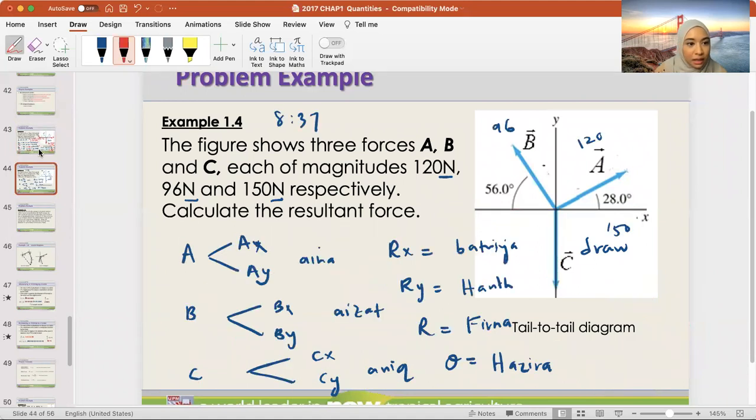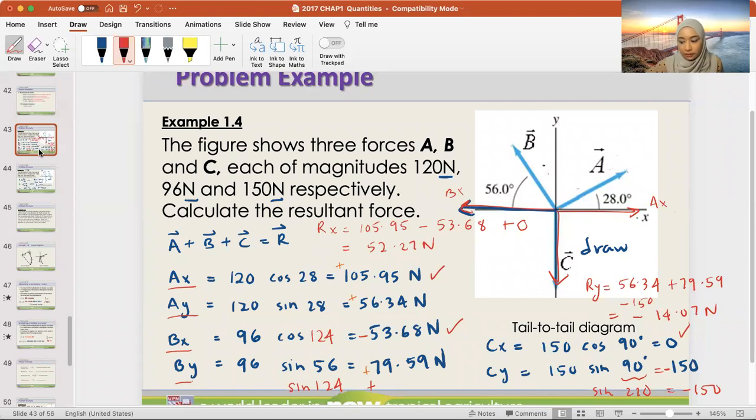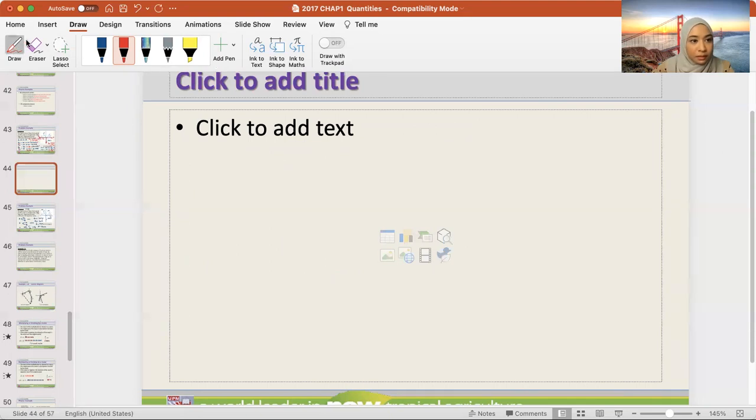R is Firna and then Hazira. Okay. Is Firna right there? Yeah. Okay. R is 56.34. R is 50. No. 52.27. Lagi sekali tak dengar. 52.27.